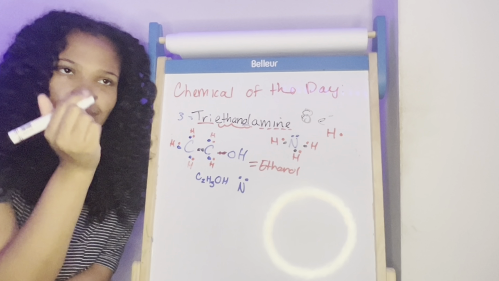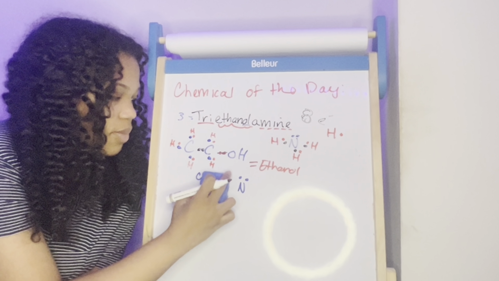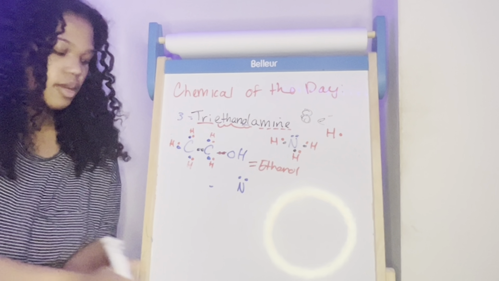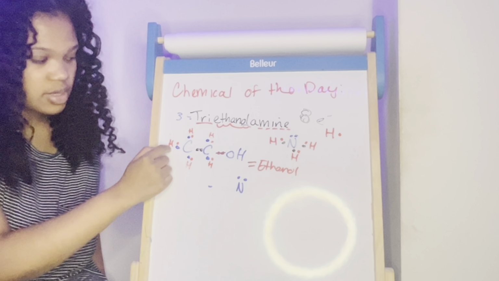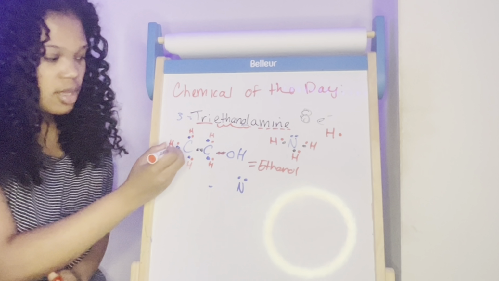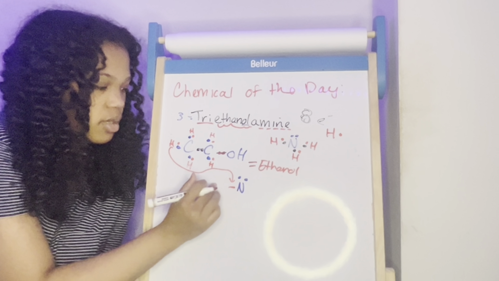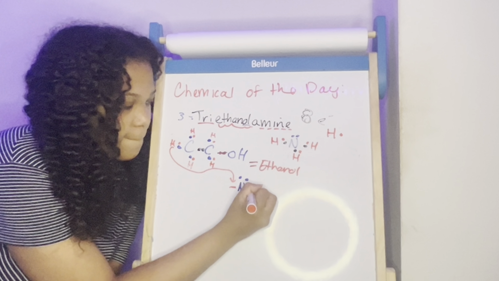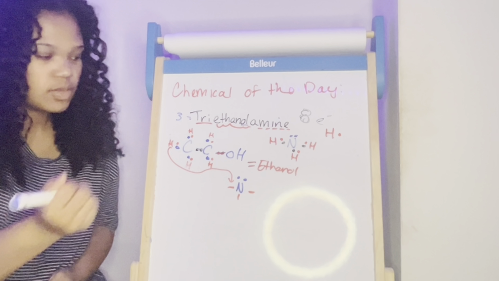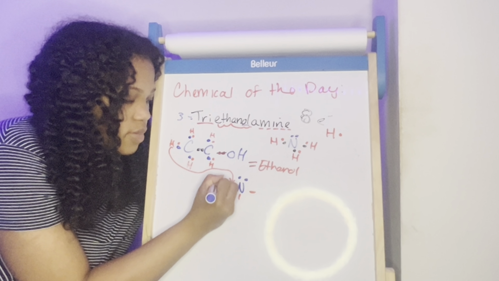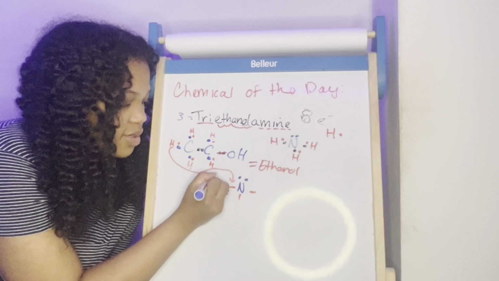Because in chemistry, we don't want to write out all these carbons. You just shorthand it. So I'm going to write it the other way. So it's easier. But instead of having this hydrogen here, you can just bond that with the nitrogen. And then it becomes, because it's triethanol amine, C2, H5, OH.